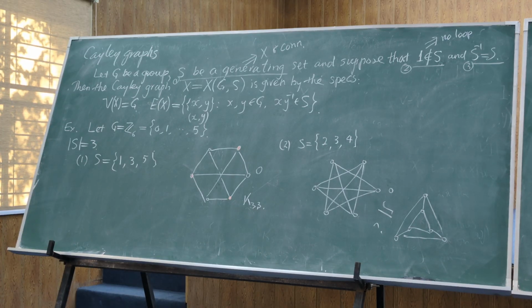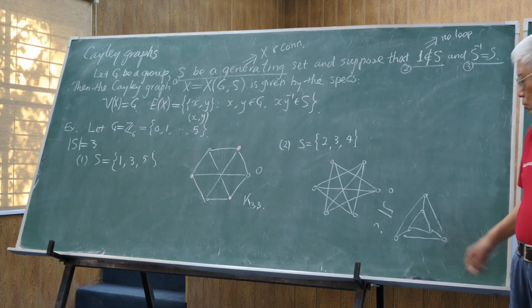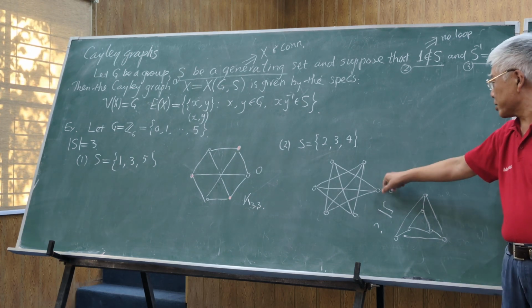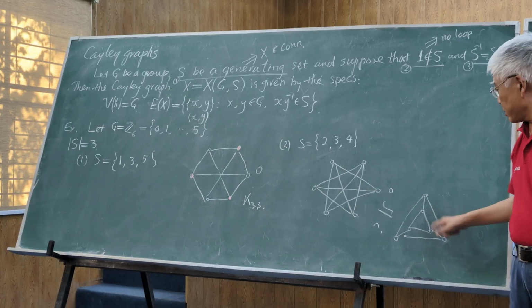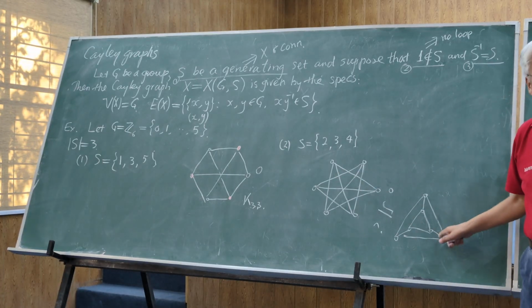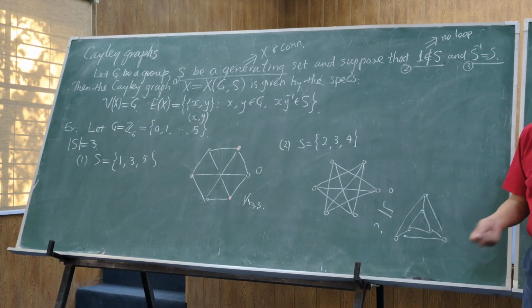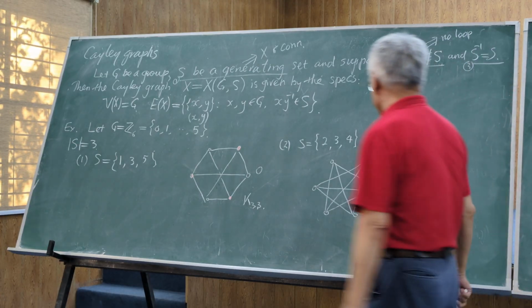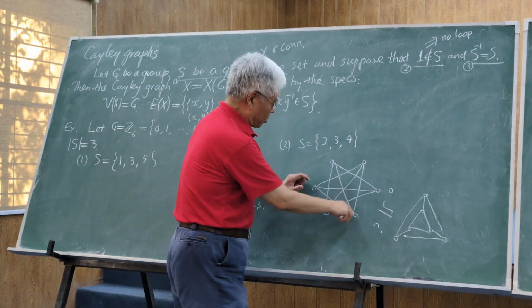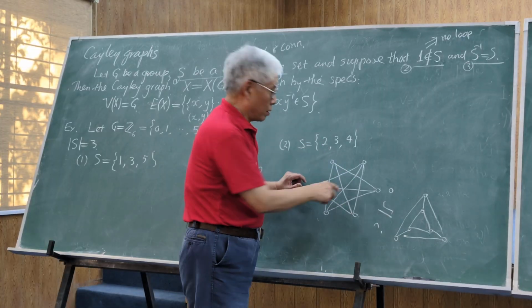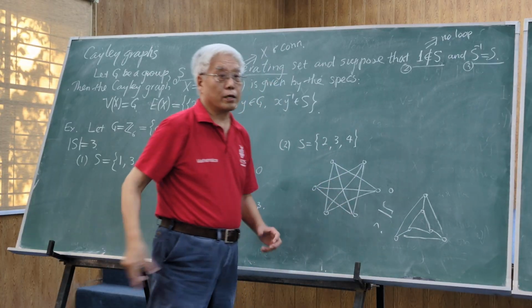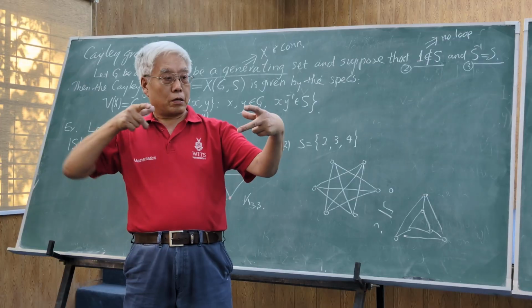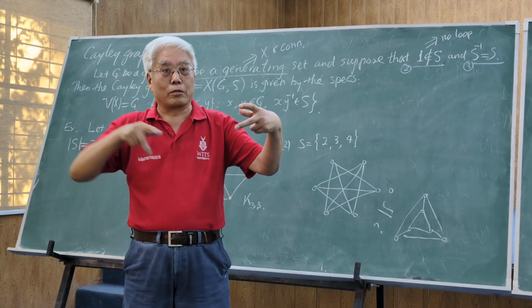Clever people with good visual ability can quickly tell me it is isomorphic, but the most stupid way of doing this is that you give labels 0, 1, 2, 3, 4, 5, and then you give labels 0, 1, 2, 3, 4, 5 in this, so that the adjacency is exactly the same. But it is easier than that, because you see, we draw a triangle there first, draw another triangle there first, and then 2 triangles connected by edges.